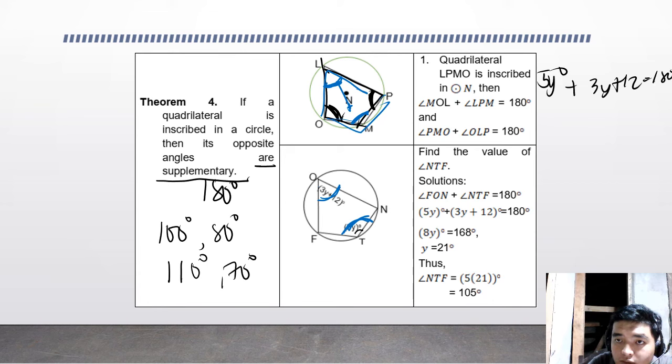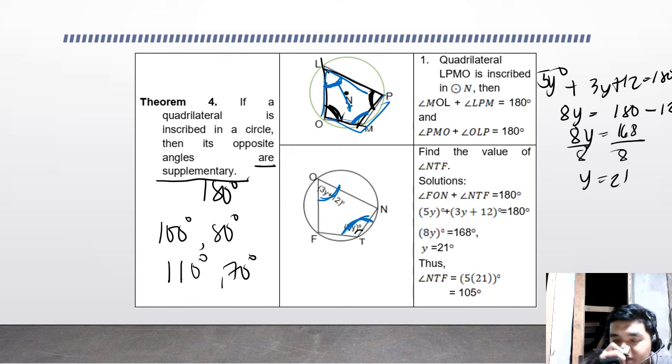Combine like terms: 5y plus 3y is 8y. Then transpose 12, that is minus 12, so 8y is equal to 168. Divide both sides by 8: y is 21. To find angle NTF, since it is 5y, substitute y with 21. So 5 times 21 is 105 degrees.